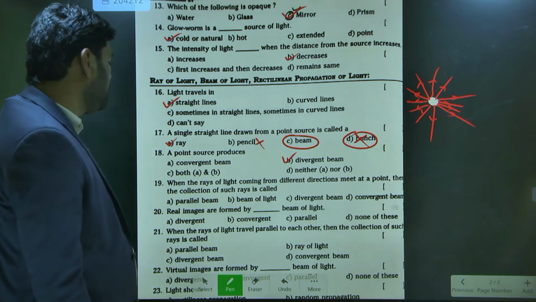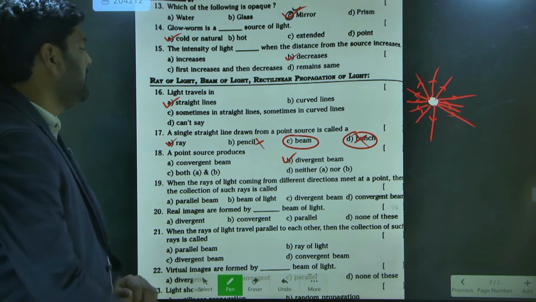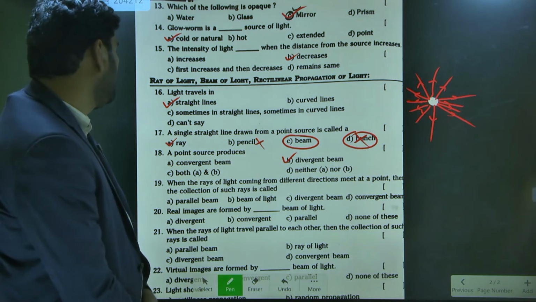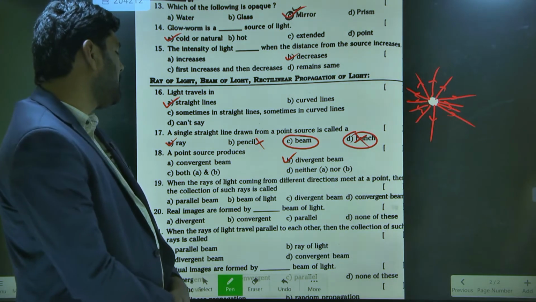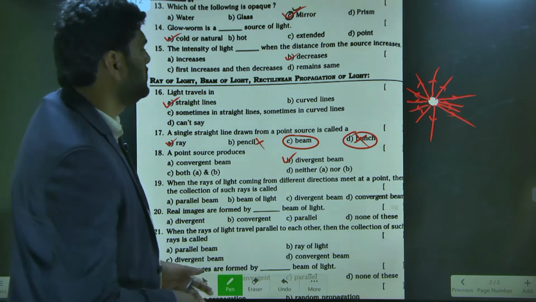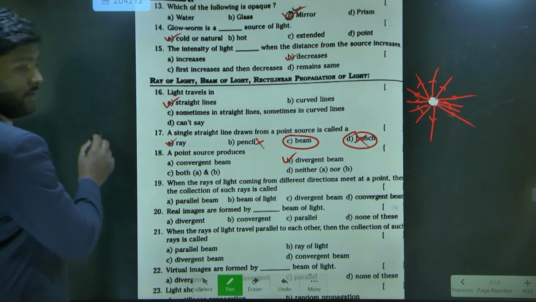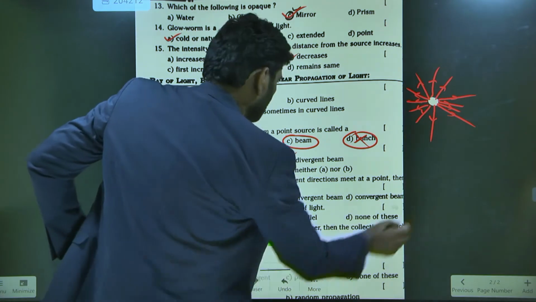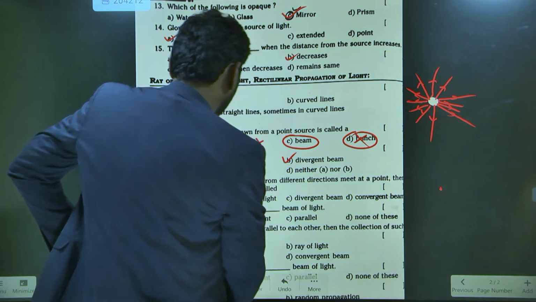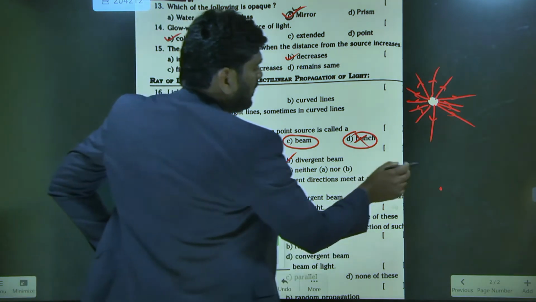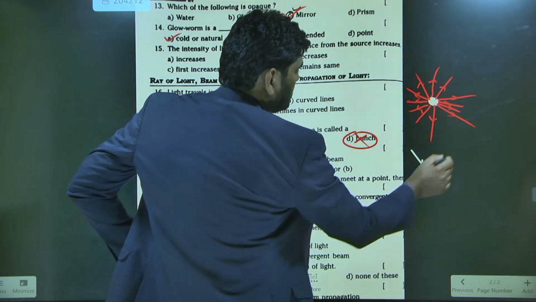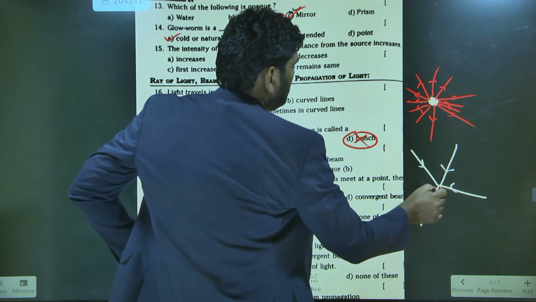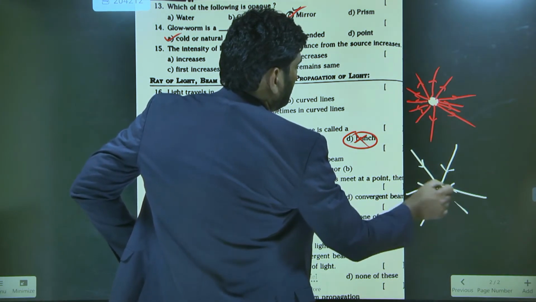Similarly, the 19th one: when rays of light coming from different directions meet at a point, the collection of such rays is called what? Very simple. I will draw here. So this is a point. All light rays are coming from all directions, meeting at a single point.